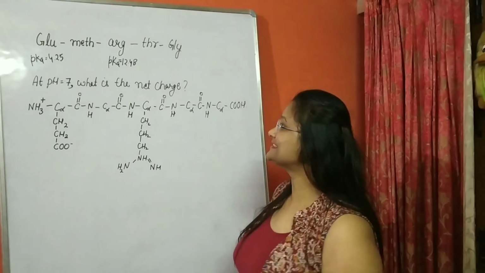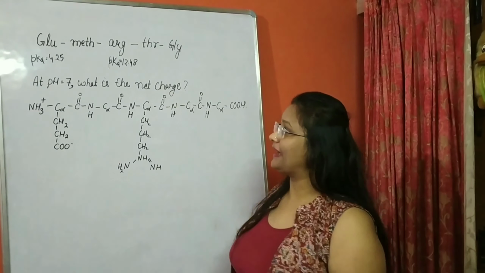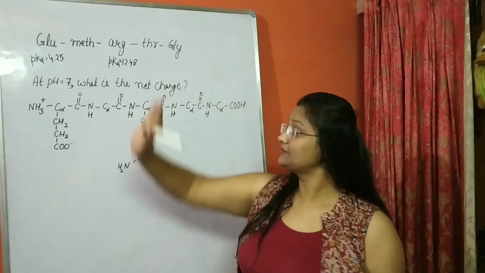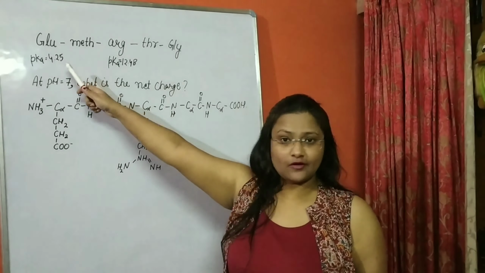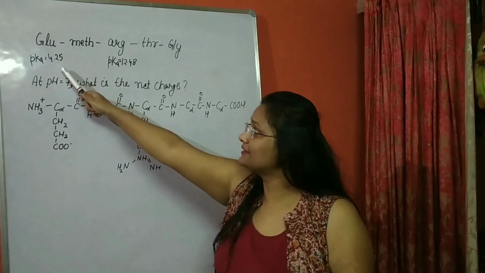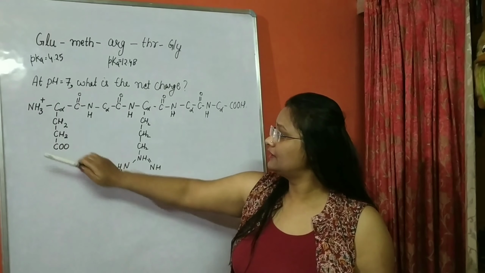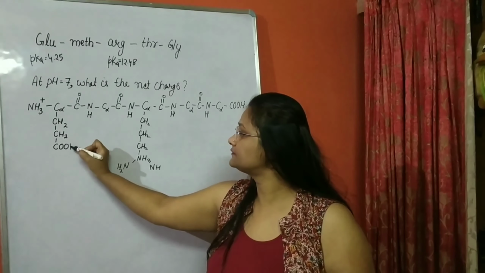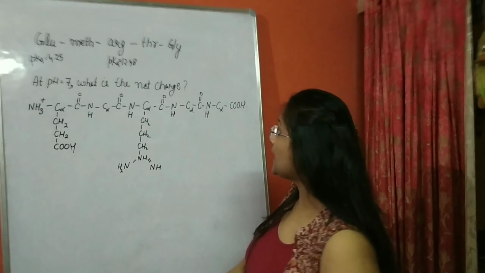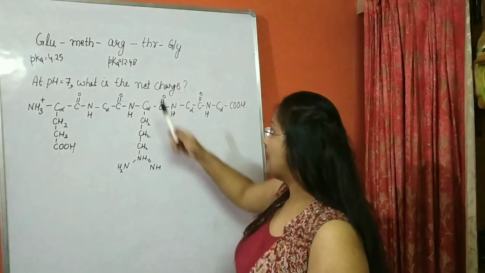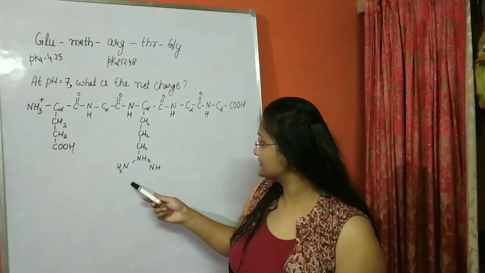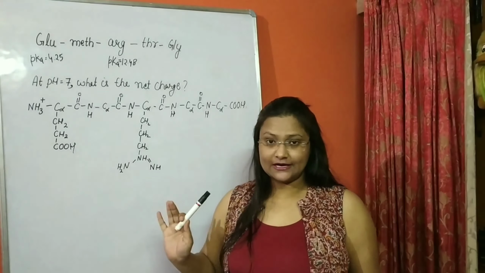Now let us consider this polypeptide: glutamic acid, methionine, arginine, threonine and glycine. We already know from the last peptide that the pKa of glutamic acid is 4.25. Arginine is a basic amino acid, and the pKa of its side chain is 12.48.